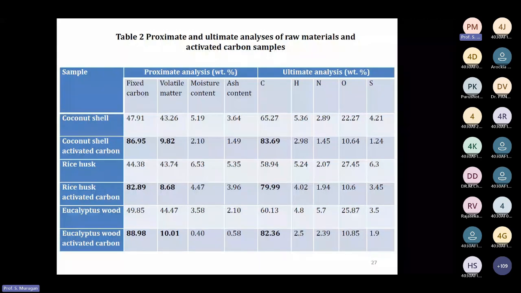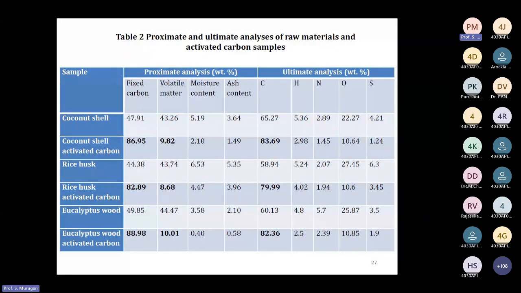So the proximate analysis and ultimate analysis of activated carbon obtained from these three samples were done for coconut shell activated carbon, rice husk activated carbon, and eucalyptus wood activated carbon. The results of them are given in this table.